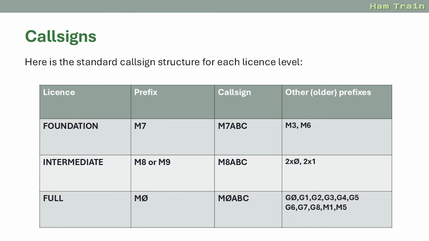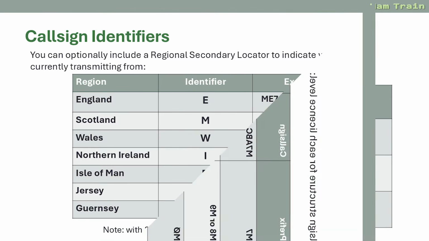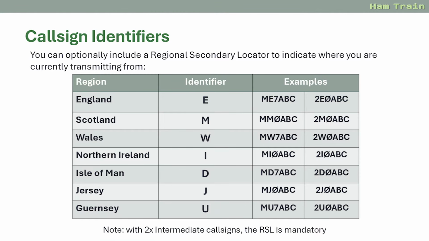So let's now do our best to explain what that E was doing in the intermediate call sign. On the screen now you'll find the regional secondary locators. These are optional, you no longer have to use them, but many people in the UK do still use these. Essentially, the second letter of the call sign would define which part of the UK you're transmitting from.